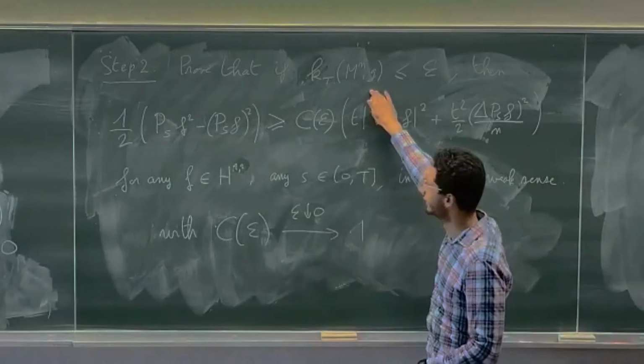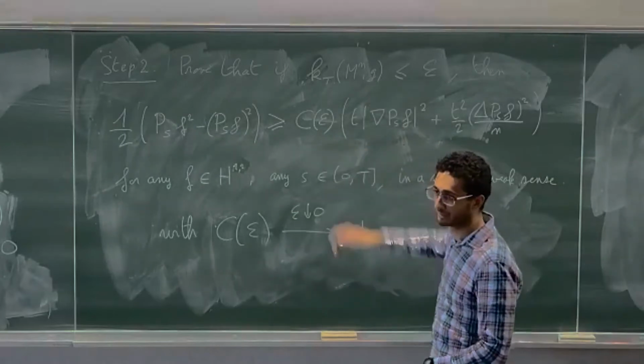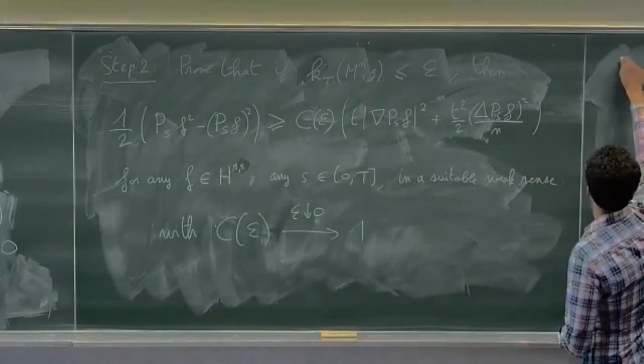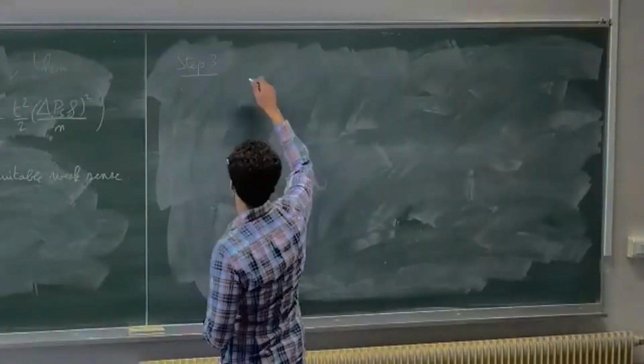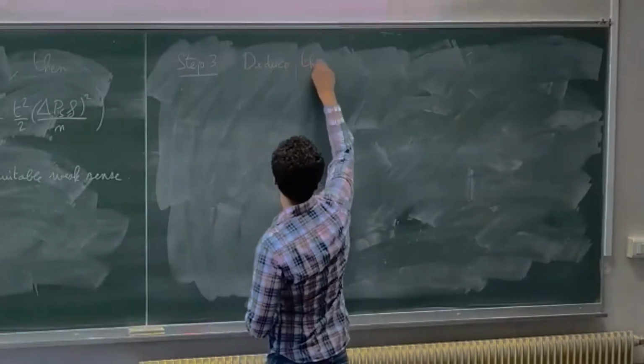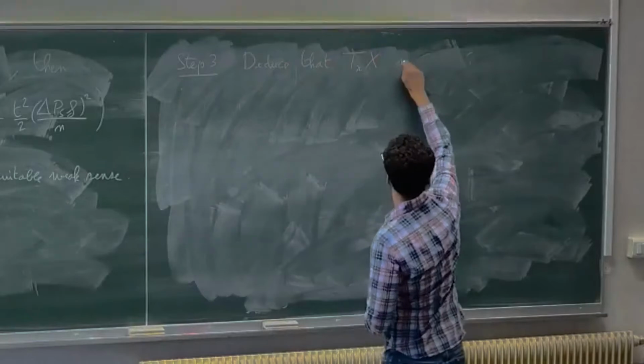So my tangent cone should satisfy this property with a 1 here. So this is step 3, just to deduce that X satisfies this.